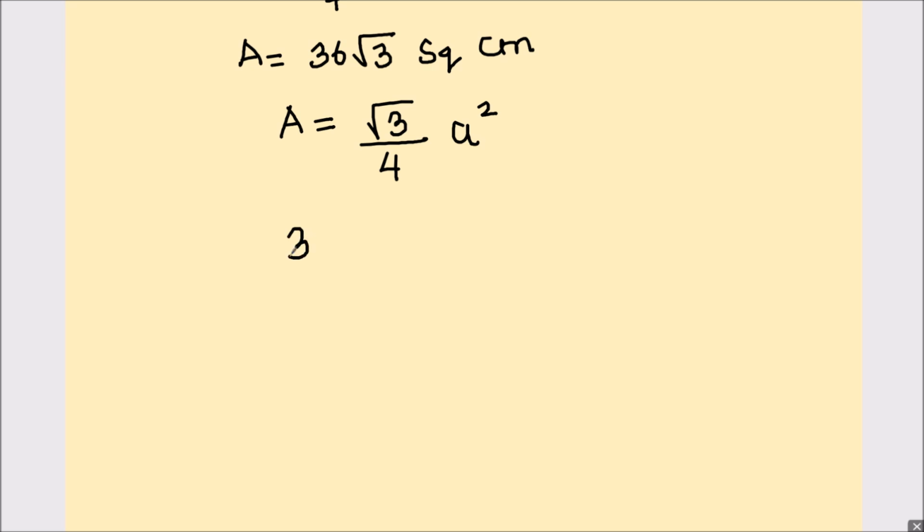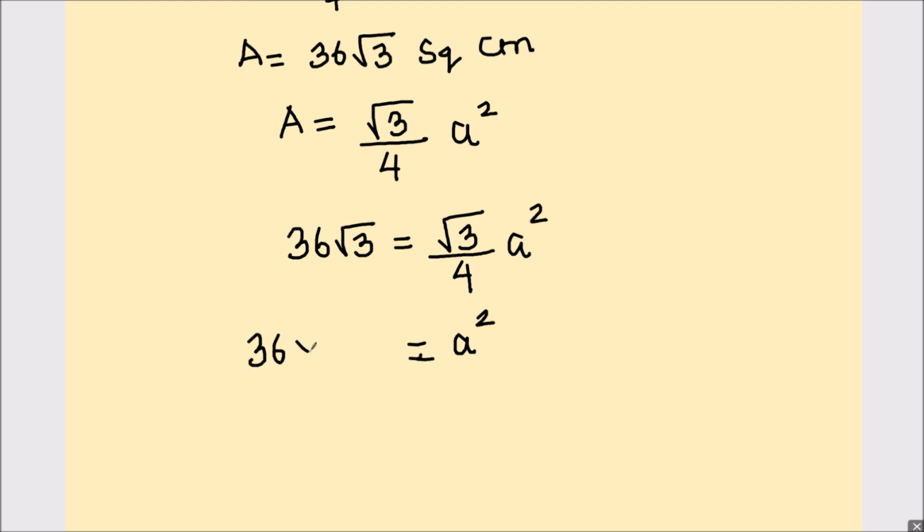Substituting the value of area, 36 root 3 equals root 3 by 4 A square. As we are finding the value of side or A square, we keep A square on the right hand side and will transpose all the other constants on the left hand side.